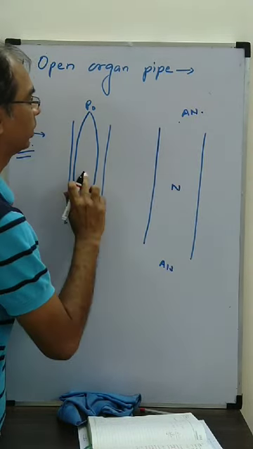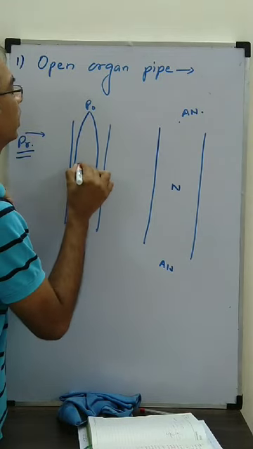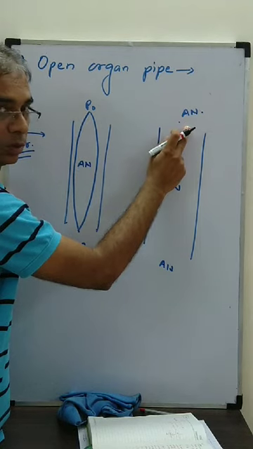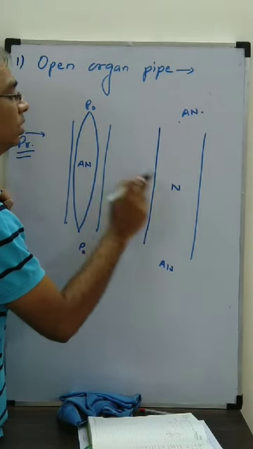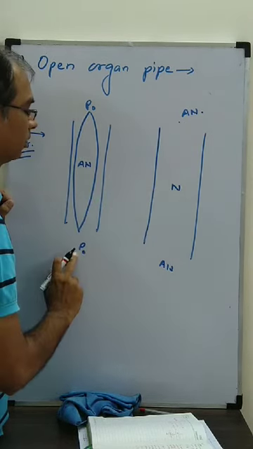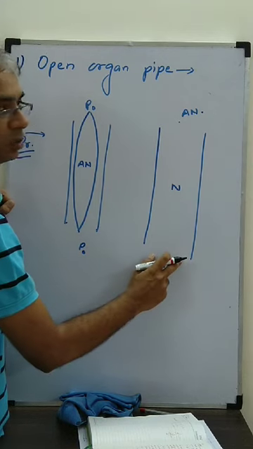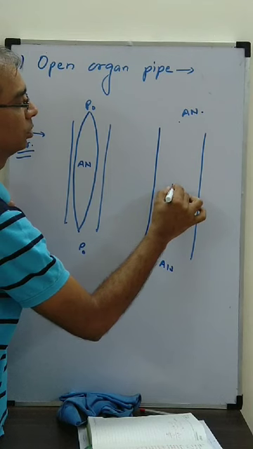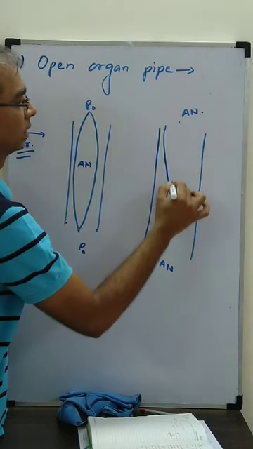So what is happening between this and this? What is the difference? Wherever there is a node of pressure, a displacement antinode is there. Wherever there is an antinode, a displacement node is there. Again, wherever a node is there for pressure, an antinode is there. That we have to remember. So it's like this.